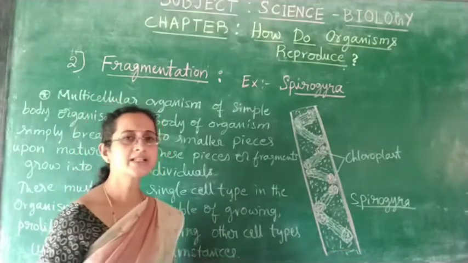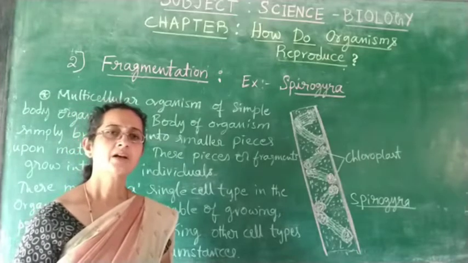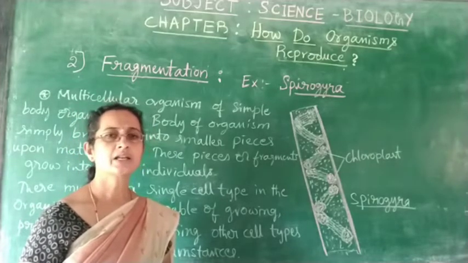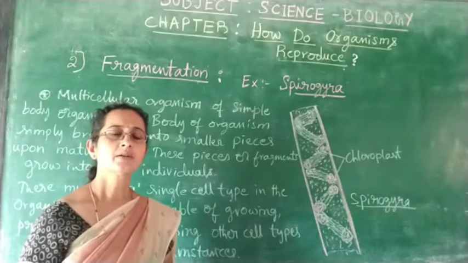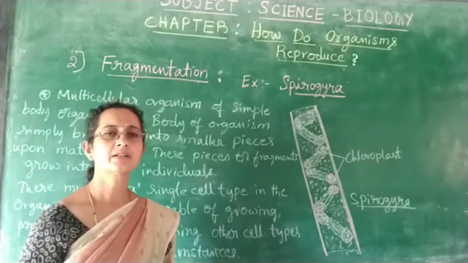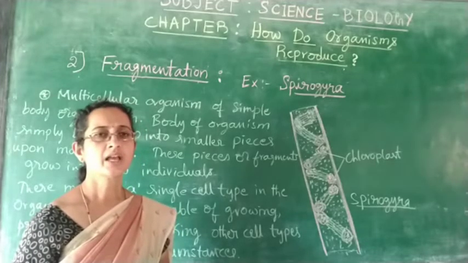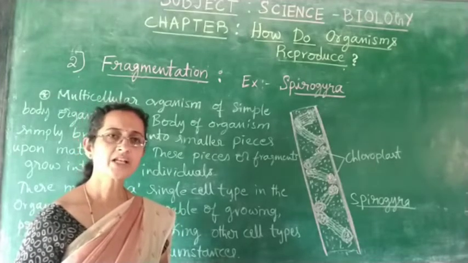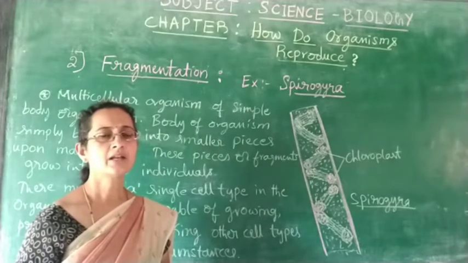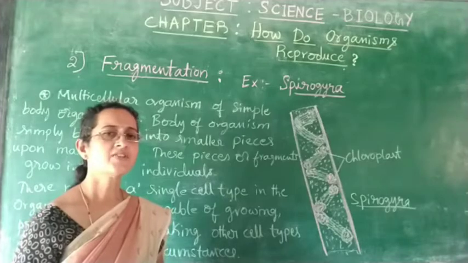Spirogyra is a multicellular organism, whereas we saw unicellular organisms like amoeba, leishmania and plasmodium in the earlier method, that is, in binary fission or multiple fission. Those were unicellular organisms and their reproduction took place upon cell division.